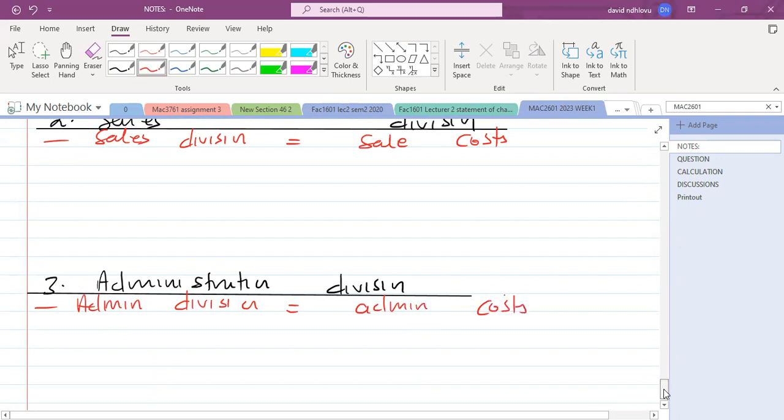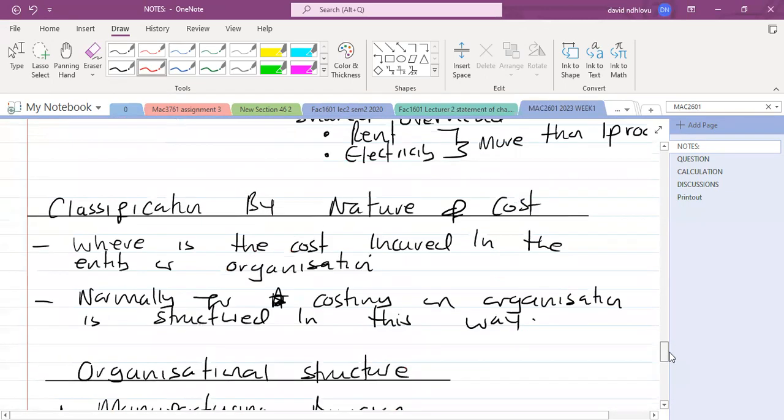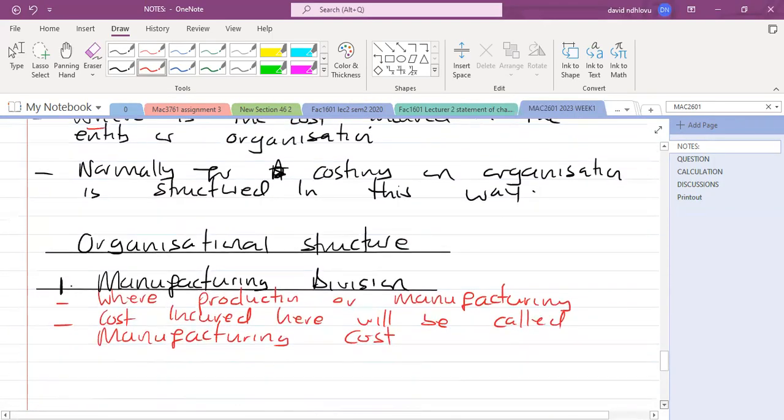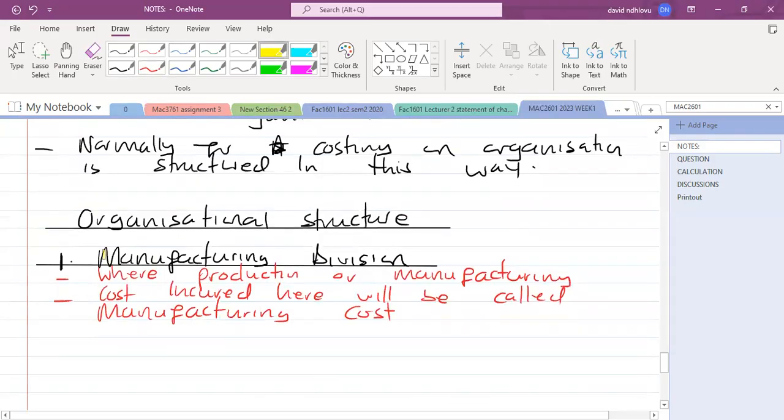So in broad terms, classification by nature looks at where exactly in the organizational structure the cost is incurred. If we check the organizational structure and we say that a cost is incurred in the manufacturing division, that particular cost is going to be called a manufacturing cost.